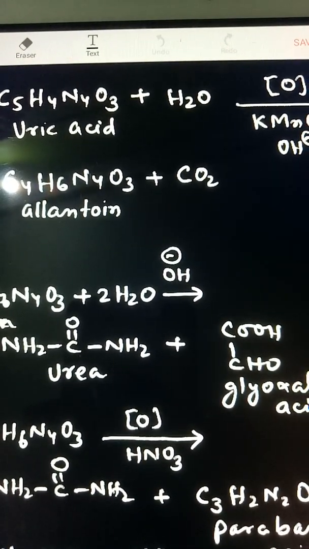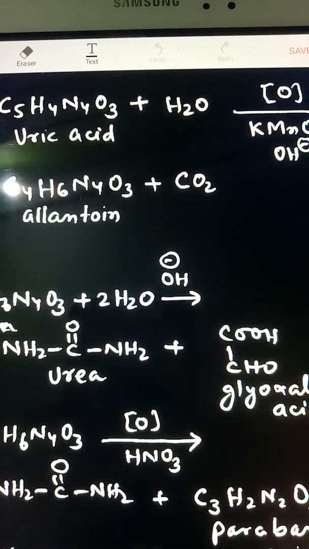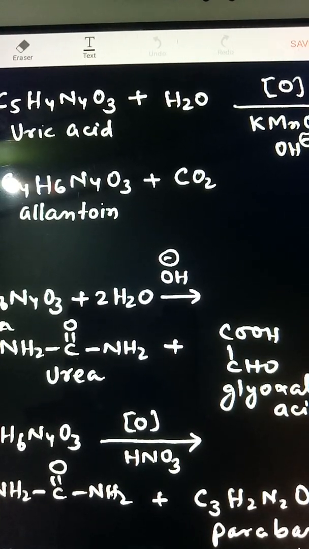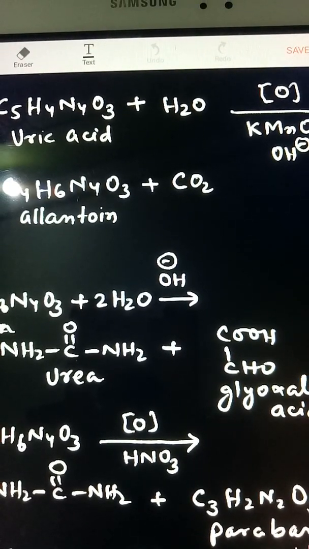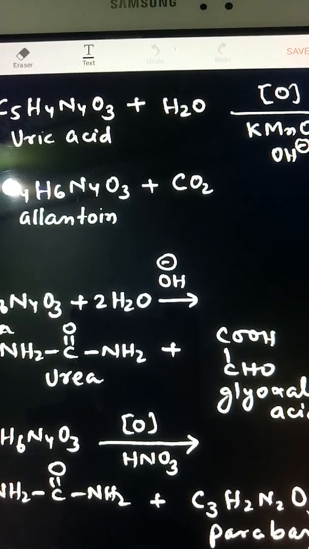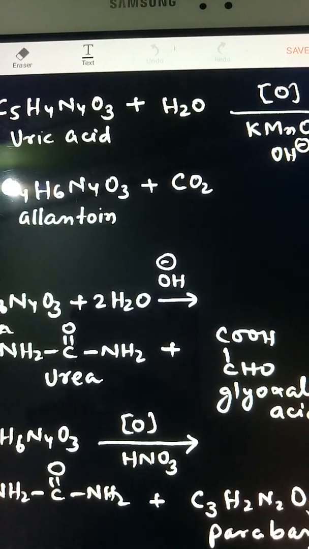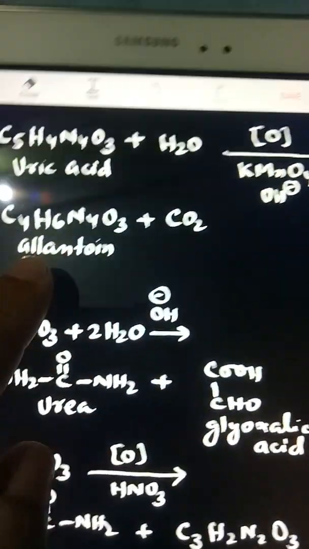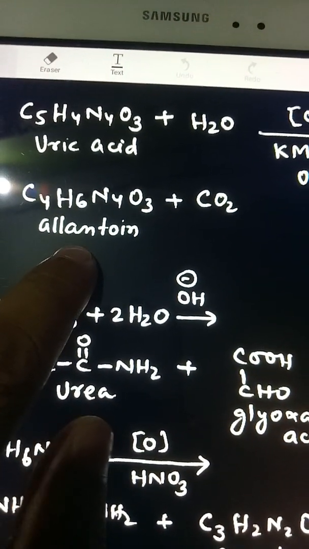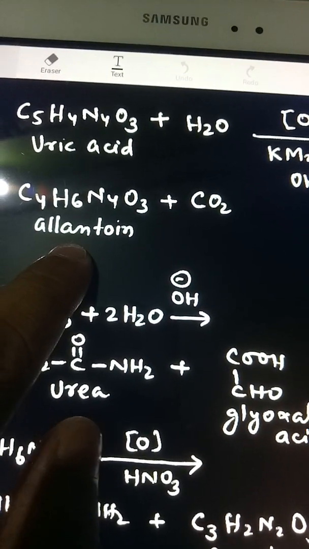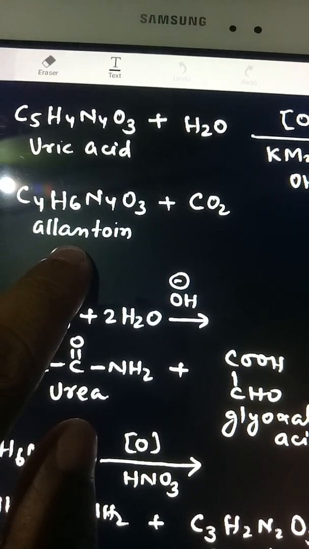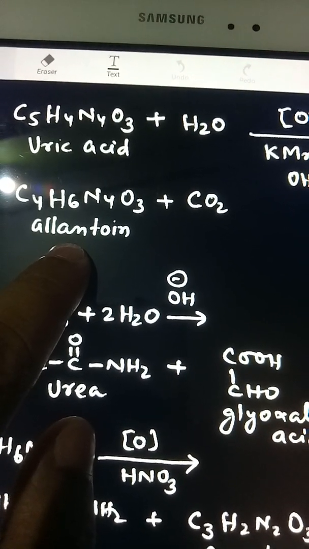On oxidation with an aqueous suspension of lead oxide or alkaline potassium permanganate, uric acid forms allantoin and carbon dioxide. Now again, what is the structure of allantoin? We don't know. We have to determine it.